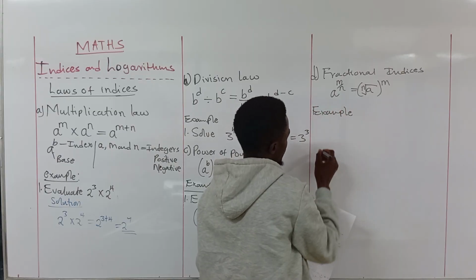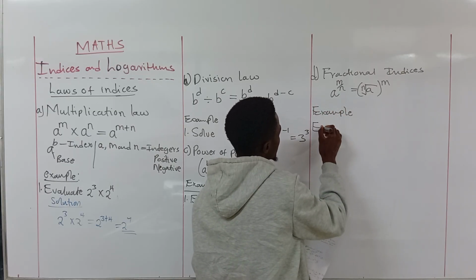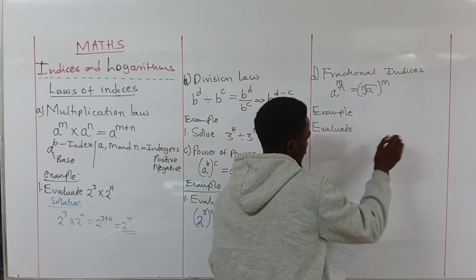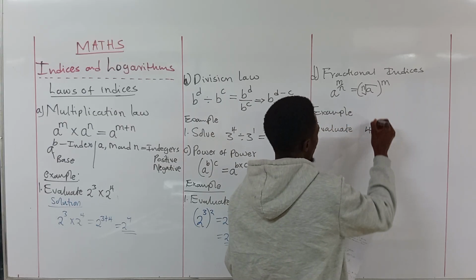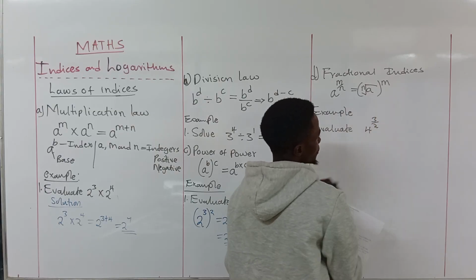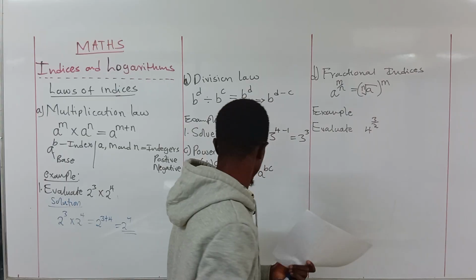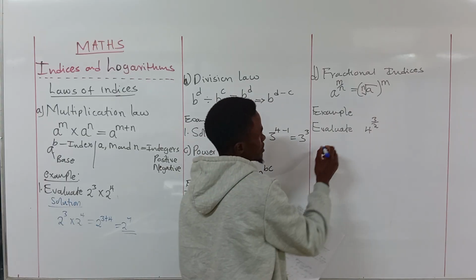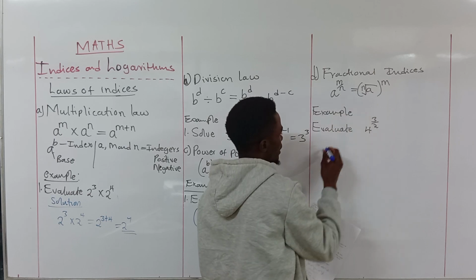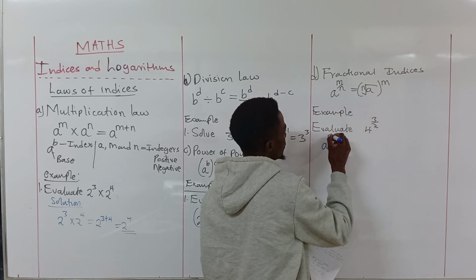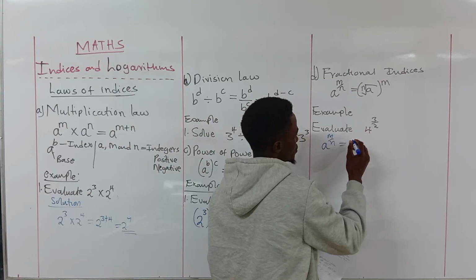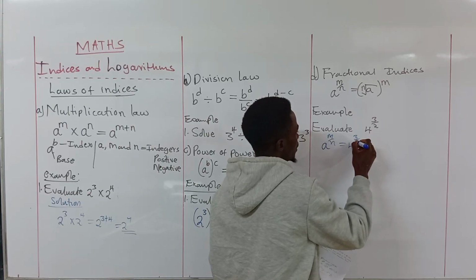Evaluate 4 raised to 3 over 2. For that case, if we equate our number, a raised to m over n, it is equal to 4 raised to 3 over 2.